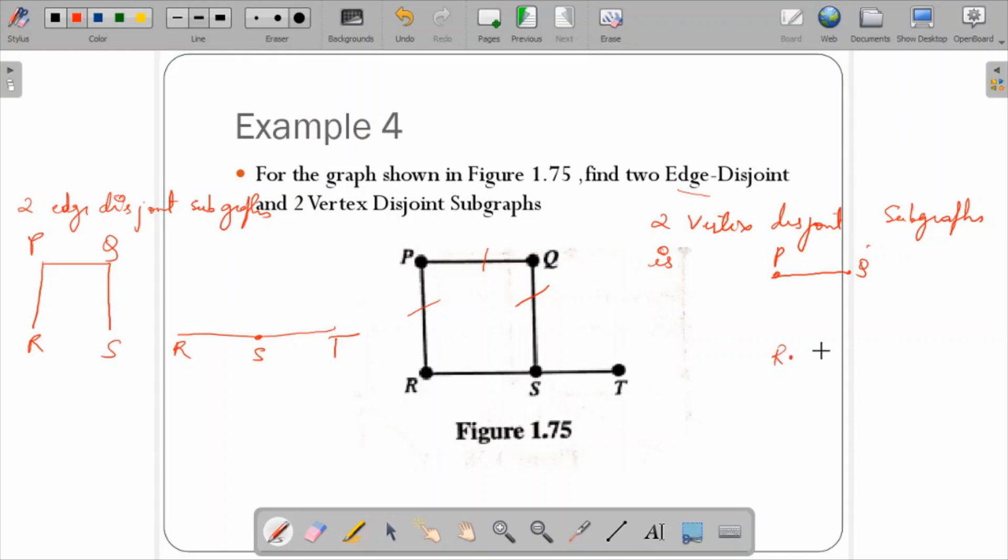So RST. The vertices are not common, even the edges are not common. So this is the concept of two edge disjoint subgraphs and two vertex disjoint subgraphs. So this is an example regarding vertex and edge disjoint subgraphs. Thank you.